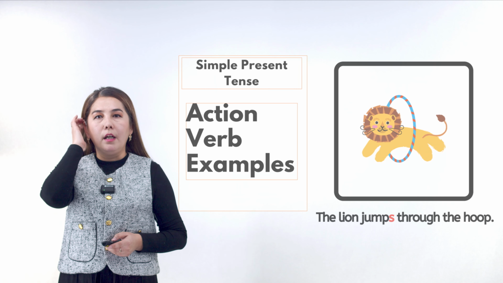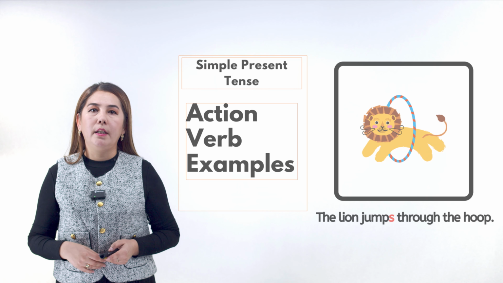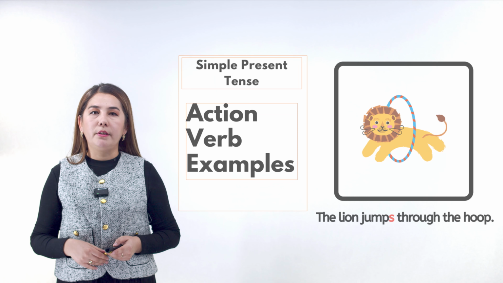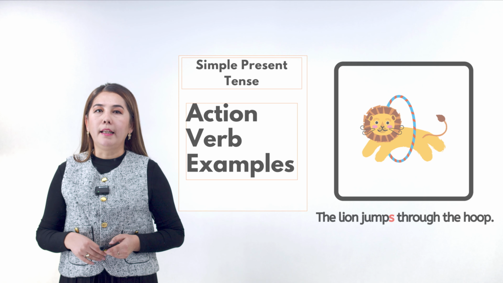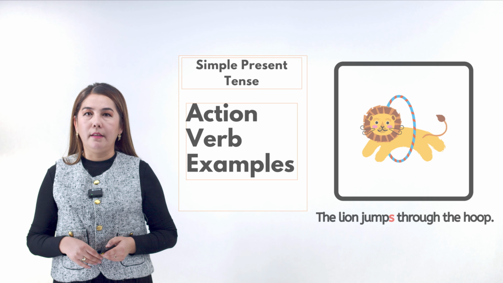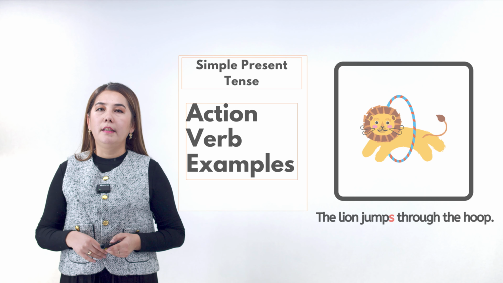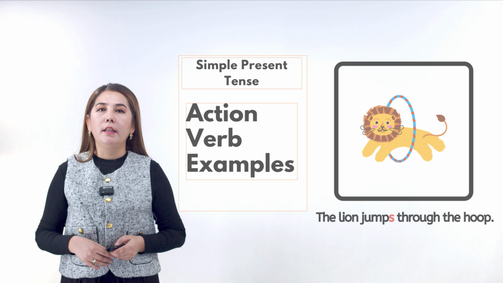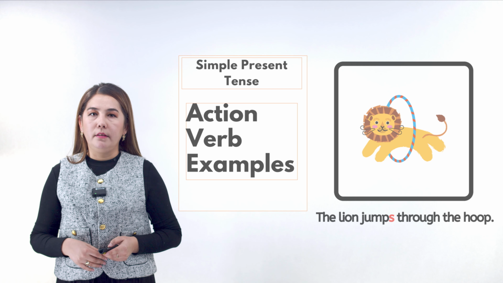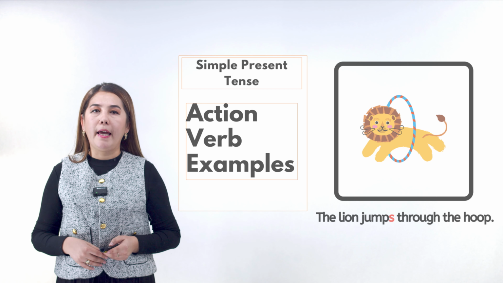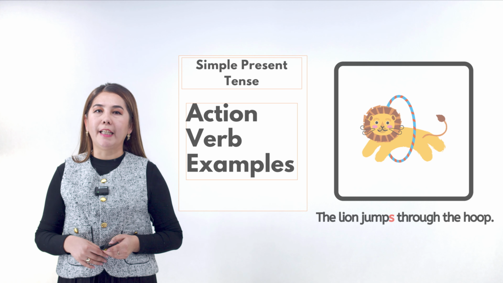The next one, action verb examples. The lion jumps through the hoop. As you can see, the lion is one animal, and it is in singular form. Lion equals it, so we have to add s after the word jump.